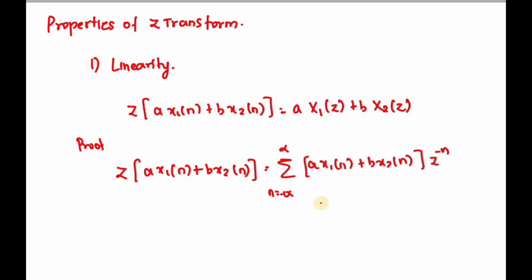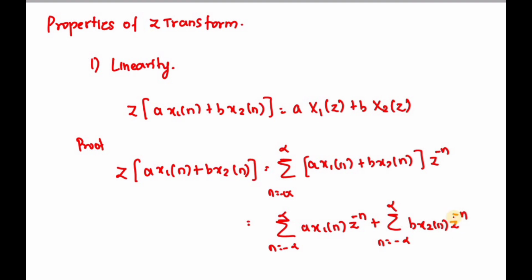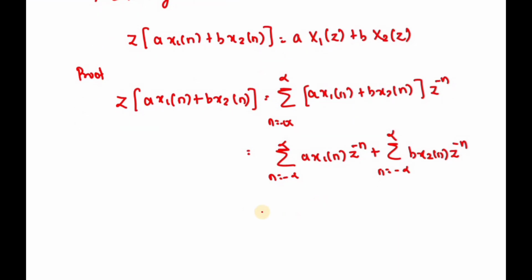If I solve, I will get summation n equal to minus infinity to infinity a x1 of n z power minus n plus summation n equal to minus infinity to infinity b x2 of n z power minus n. So this I can write as a into X1 of z plus b into X2 of z. So hence it is proved.